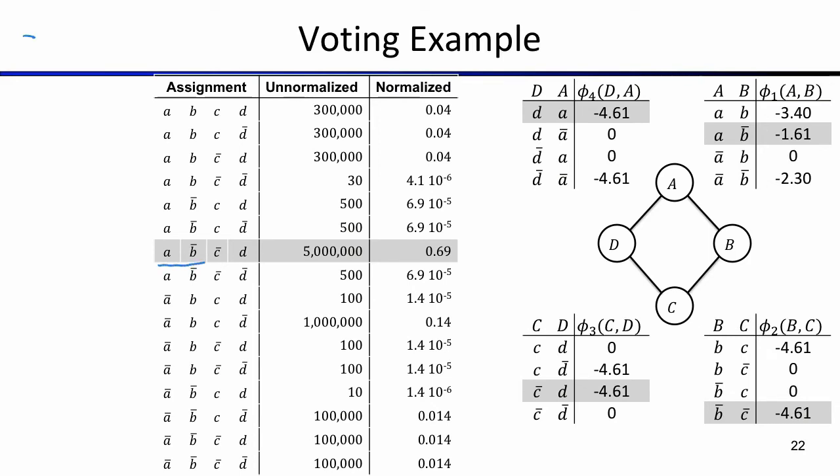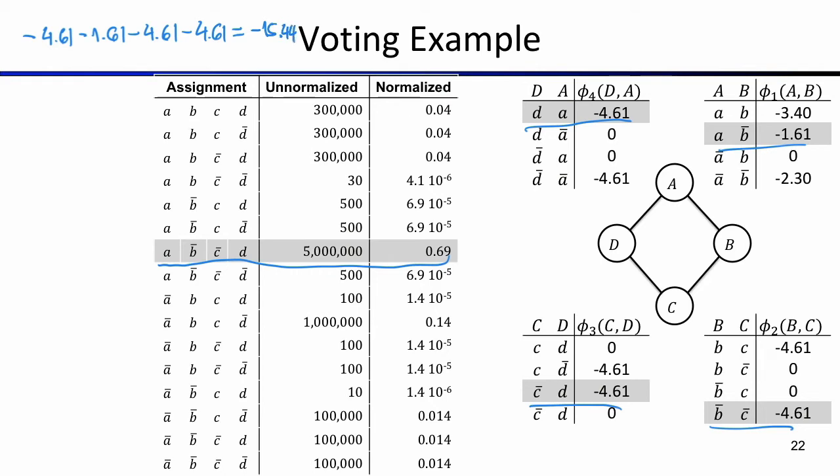To compute this assignment, you take the entries that are marked here, which are all compatible with this full assignment. So it's going to be 4.61 minus, I'm summing, but summing negative numbers, 1.61 minus 4.61 minus 4.61, and that is minus 15.44.